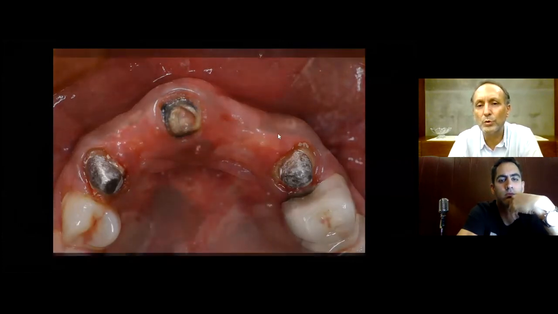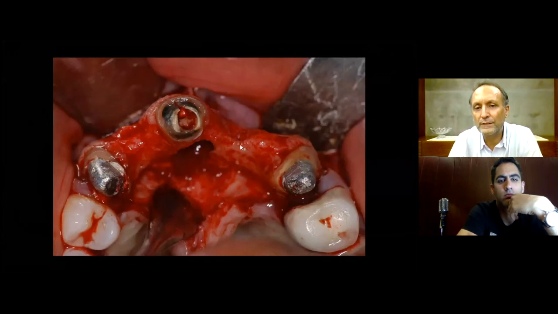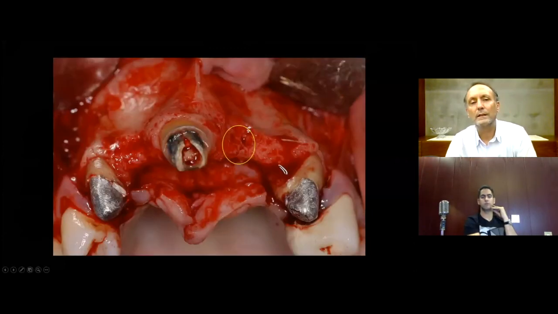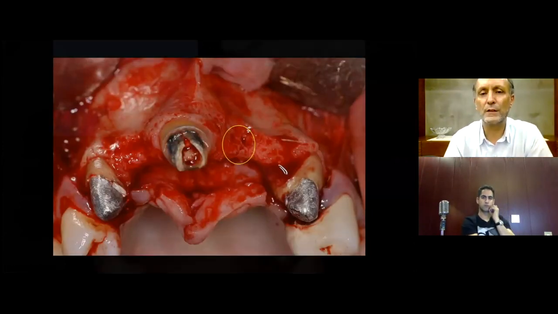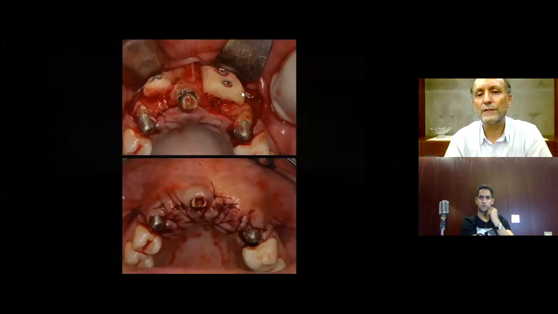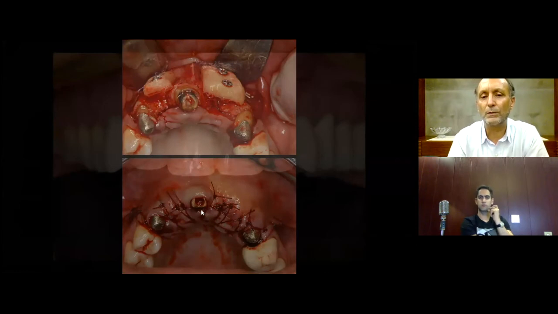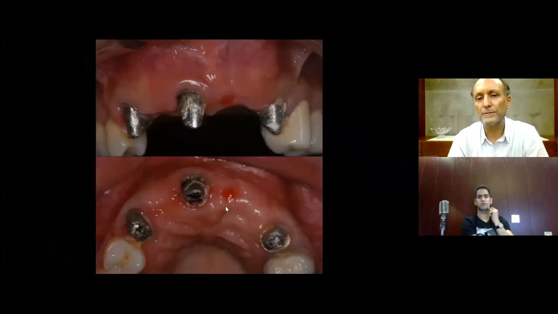We were able to do an onlay graft, and you can see the amount of bony wall we recreated separating the two defects. And the onlay graft was used, and we can see there is no change in the mucogingival level because we had prepared all the soft tissue. This is how we finalized.